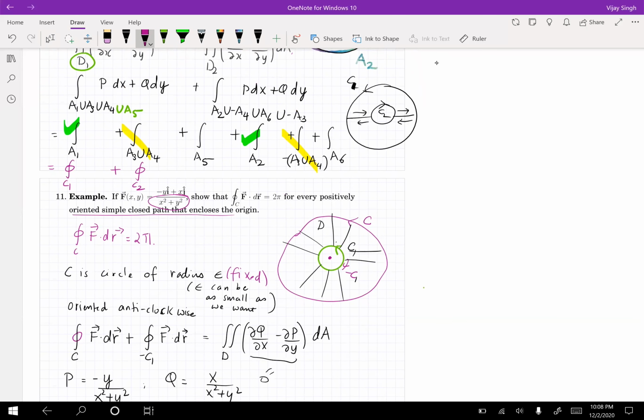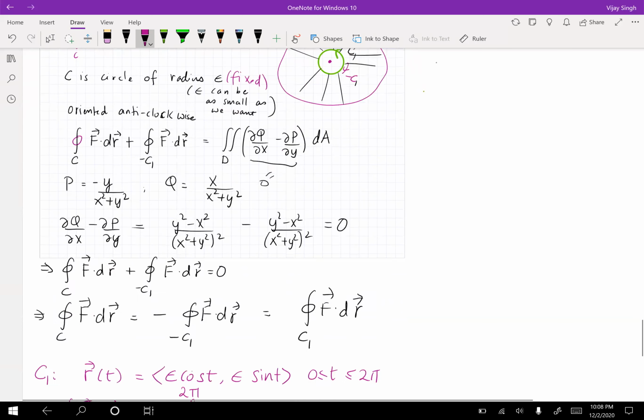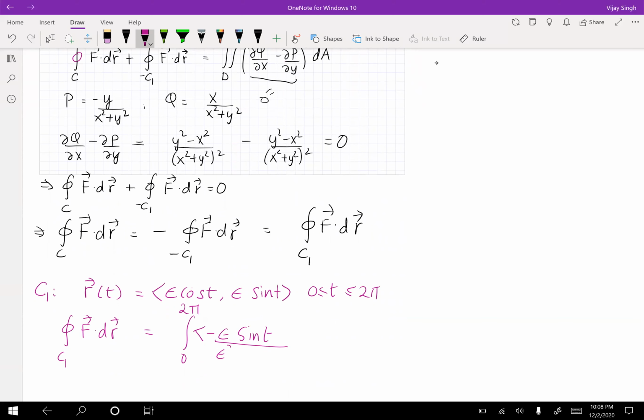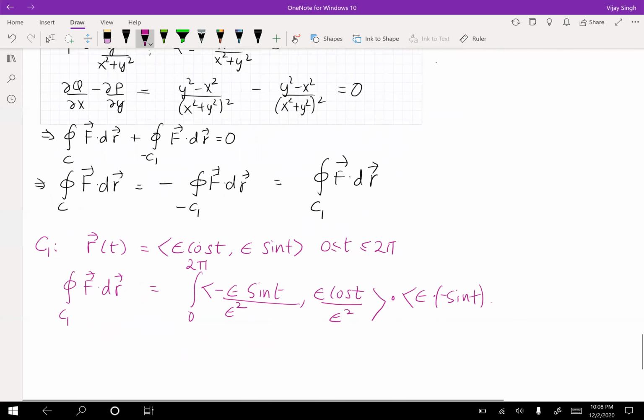So x squared is going to be epsilon square cos square t plus epsilon square sine square t, which is going to be epsilon square. So epsilon square here, and epsilon cos t divided by epsilon square. And what is my r prime? My r prime is going to be epsilon times minus sine t, comma epsilon times cos t, dt.